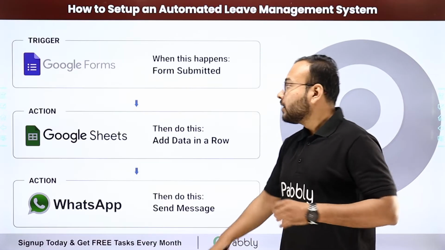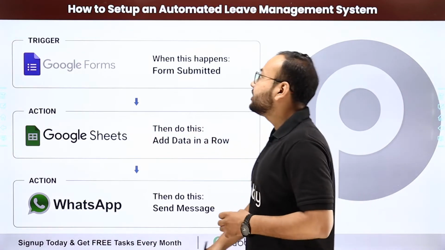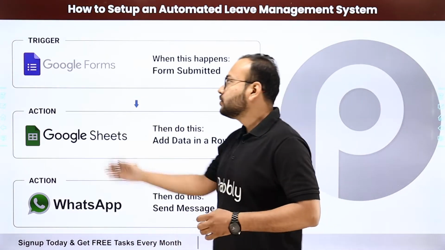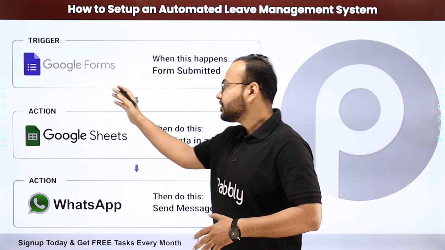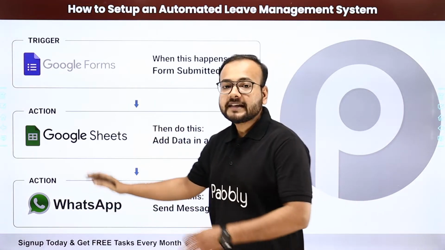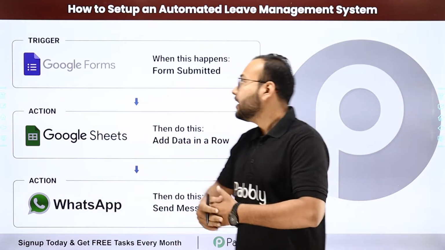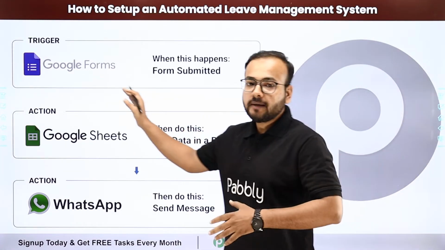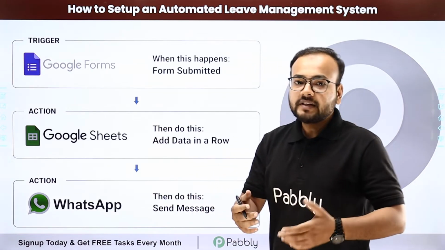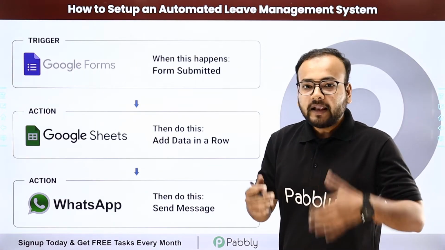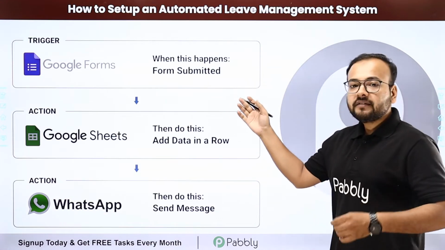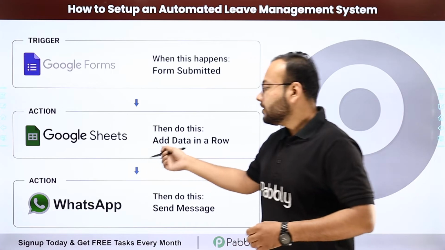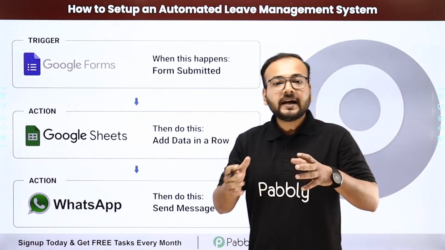So let's start. This is our first automation and it is for the leave management system. Here we are going to use Google Forms as the trigger application, and Google Sheets and WhatsApp as action applications inside the workflow. You just have to create a form and share it with your employees, and as and when your employees fill this form to apply for leaves, you are going to receive the data of those applications in a Google Sheet, and you will also receive a WhatsApp message if you are a manager or HR.